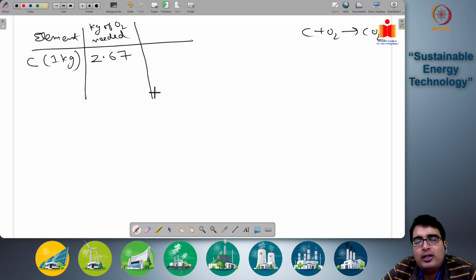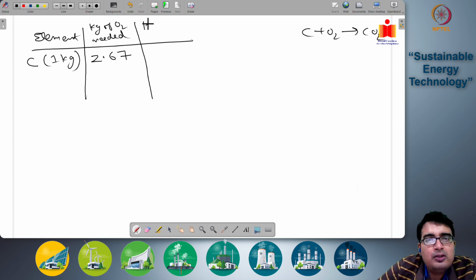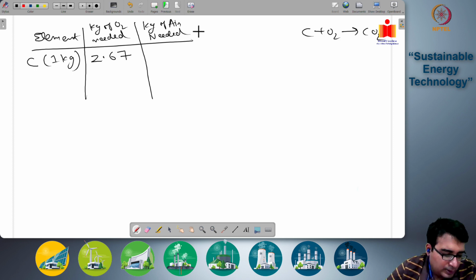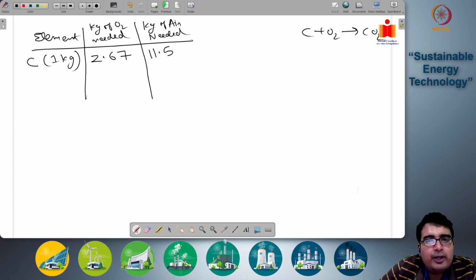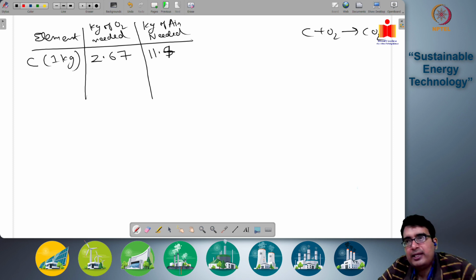Now, air contains 21 moles of oxygen and 79 moles of nitrogen. So we can convert this into kg of air needed. How much air is required to supply 2.67 kgs of oxygen? So kg of air needed is 11.5. How did we get this? 79 moles of nitrogen and 21 moles of oxygen produces 100 moles of air.